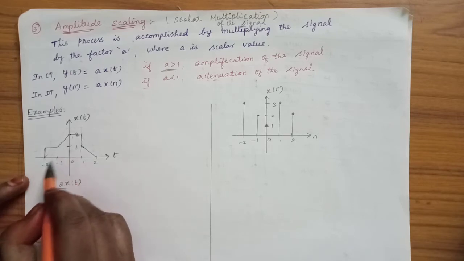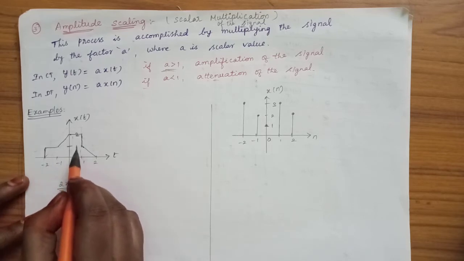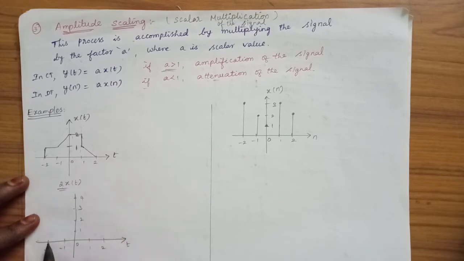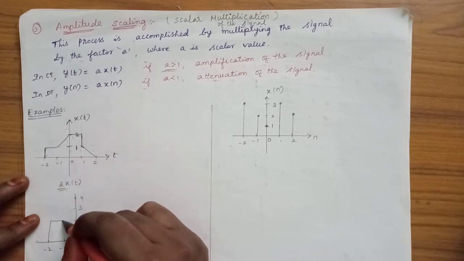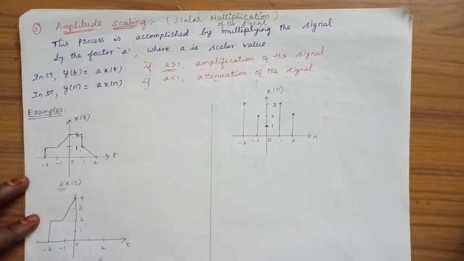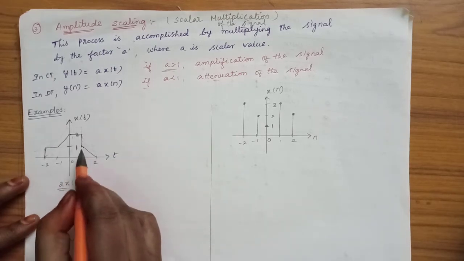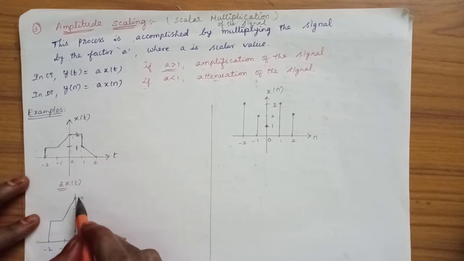From minus 2 to minus 1, here 1, so in 2 into x of t, it's 2. And 0 to 1, it's plus 2, so here plus 4.